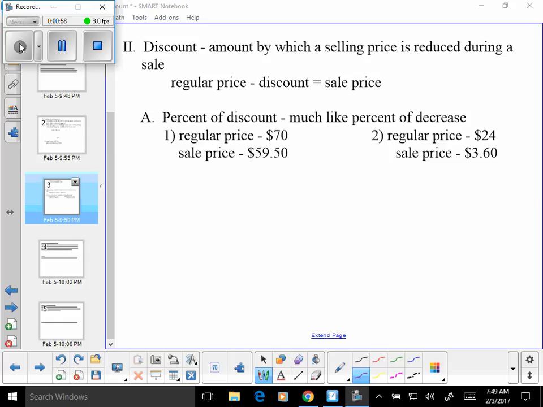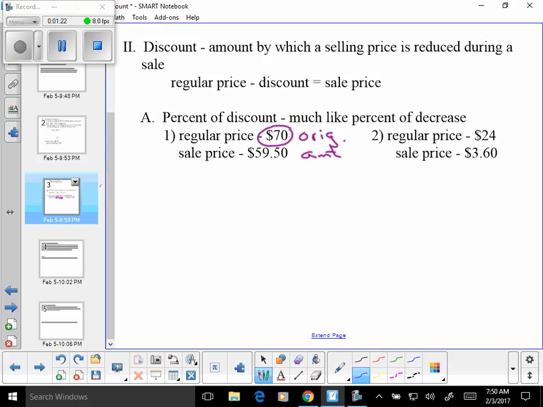The first thing we're going to do, however, is find the percent of discount if we know the regular price and the sale price. This $70 is our original price, so that's what we would call an original amount. That's kind of like the whole. When we're doing whole, percent times whole equals the part.